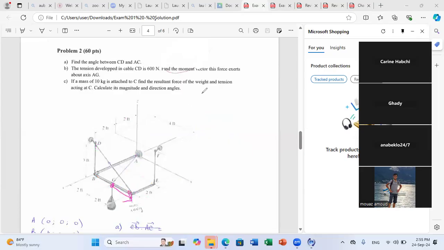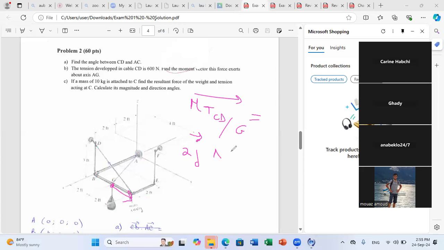So I can say now that it's easy to get the moment of TCD about G. All I have to do is that this vector is equal to the GC vector, and the GC vector is just 2j. So 2j vectorial TCD.